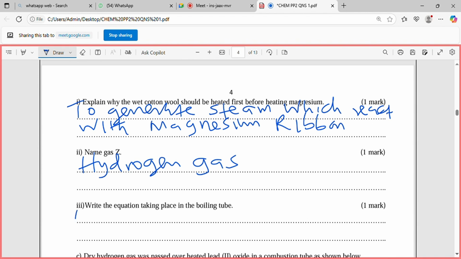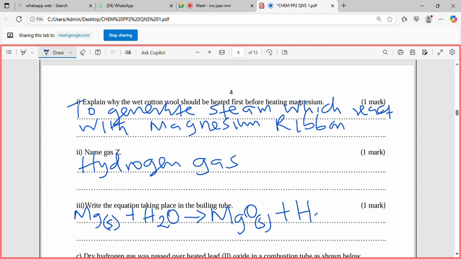So you write magnesium solid, you must write the state symbol, plus steam, H2O, gives magnesium oxide solid plus hydrogen gas. Ensure the equation is balanced. So this equation is balanced.